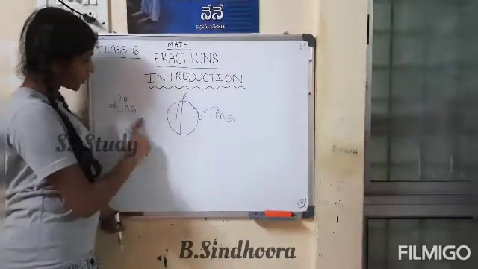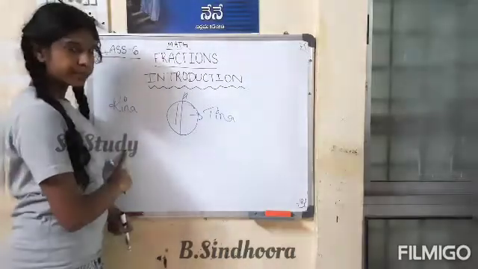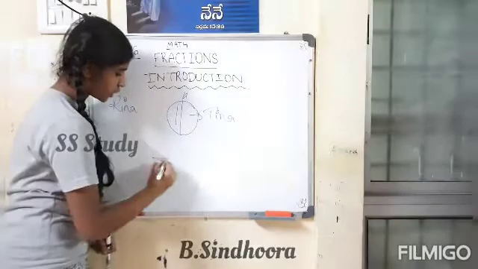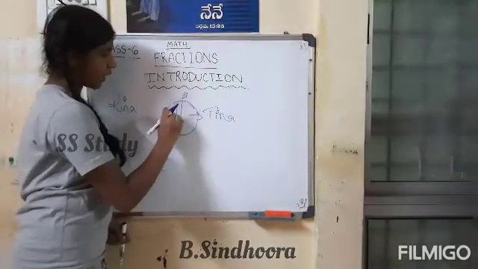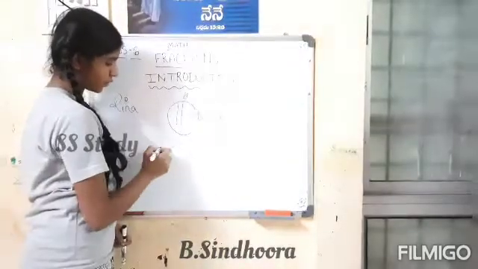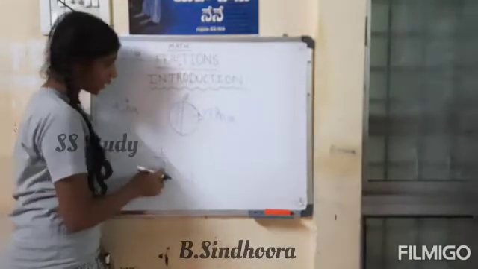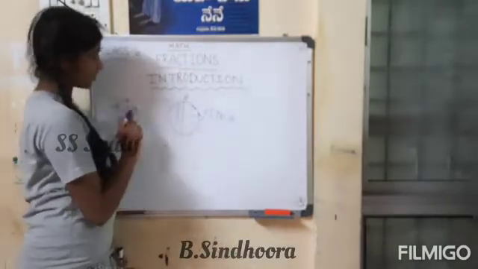So what fraction did Reena take? How will you tell? Total parts of this orange is 2, and how much did Reena take? Half part. So half means 1 by 2. 1 by 2 of the orange Reena took.